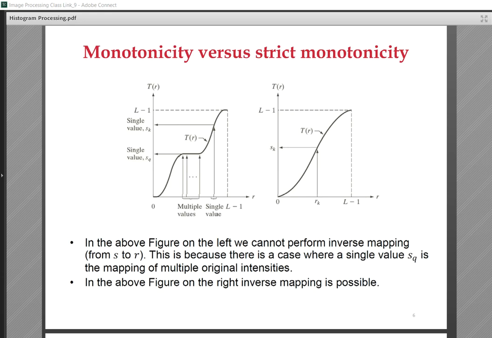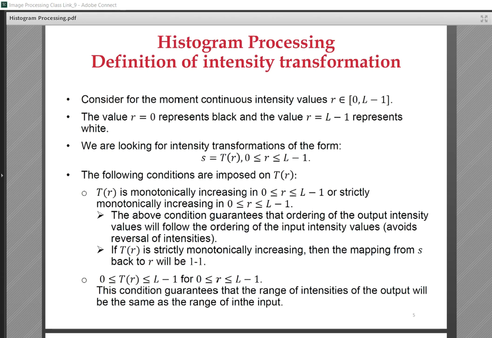Because in the reverse, this isn't a function. For example, from this SK, you have multiple values for RK. When reversing, this isn't a function. Some SK gives us multiple RKs. This isn't reversible, but this is reversible.